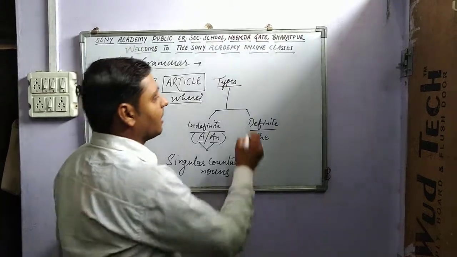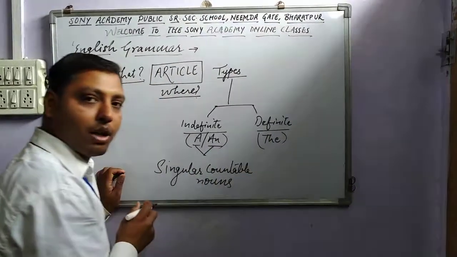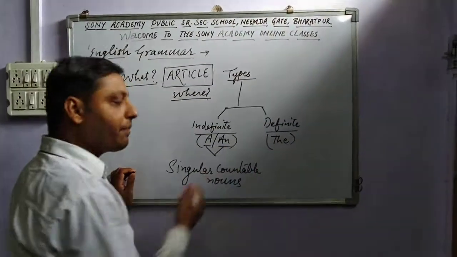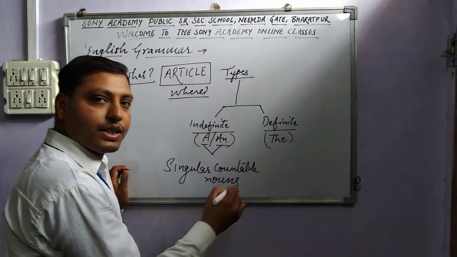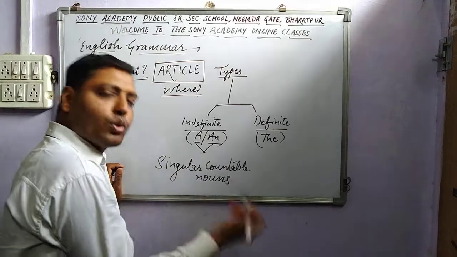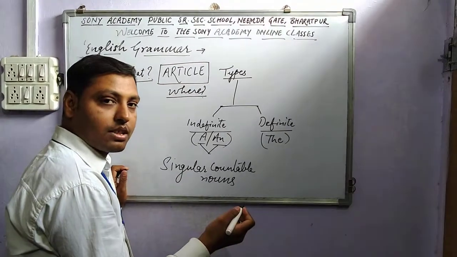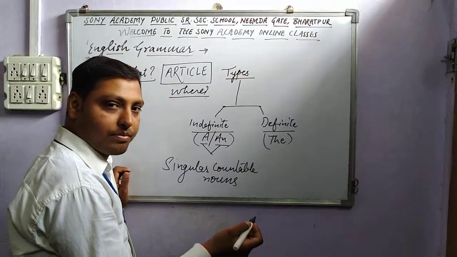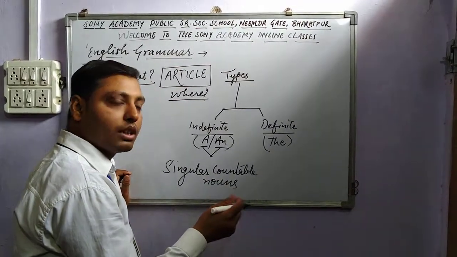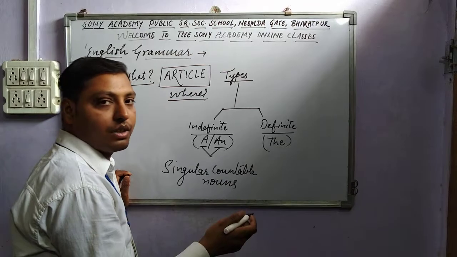But now in this class, we will learn about the definite article, the. The is used before both kinds of nouns. I mean, countable and uncountable, both. They can be used before singular and plural, both kinds of nouns.